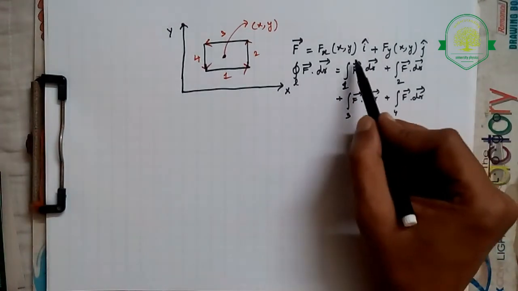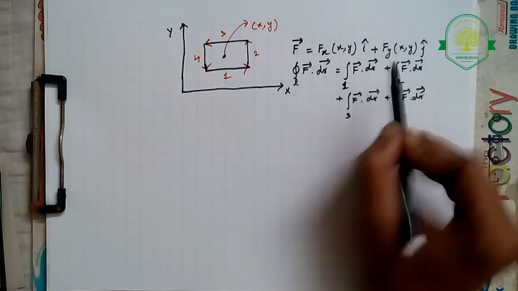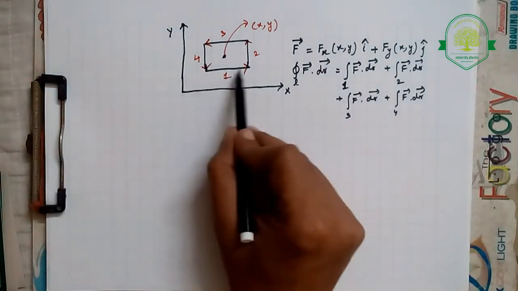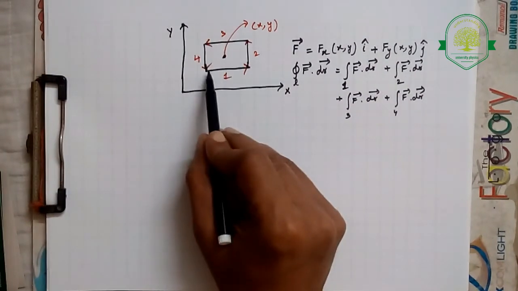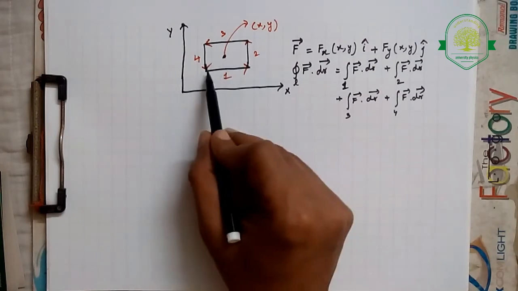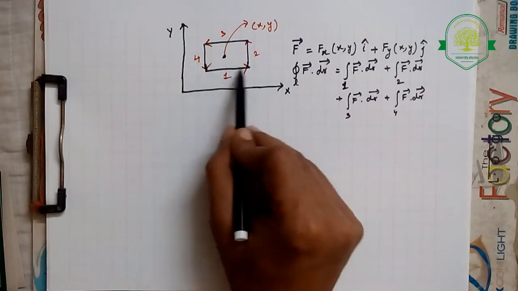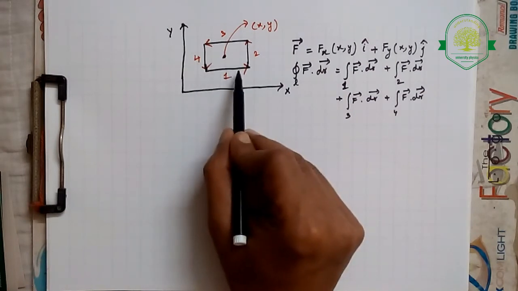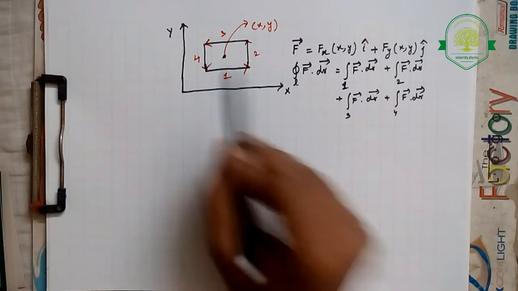So if we do the first integral, that is if we do f dot dr over this entire line, because delta x is very small, we can assume that f is constant over this entire line, then obviously fx and fy, that is the x component and the y component of f, we can assume them to be constant over this line segment.